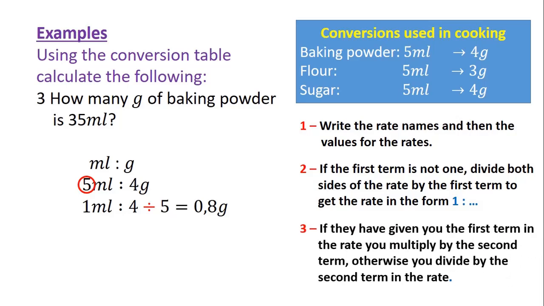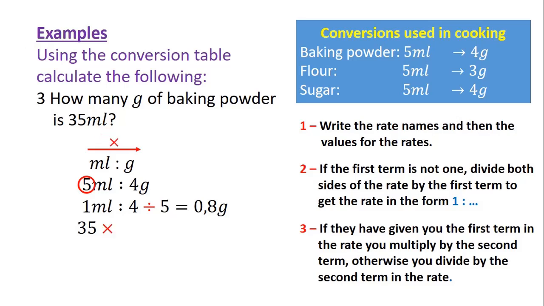Step 3. If they've given you the first term in the rate, you multiply by the second term. Otherwise, you divide by the second term in the rate. So, they've given us 35 milliliters and they want to know the number of grams. So they've given us the milliliters, and we're going from milliliters to grams, and so we multiply.